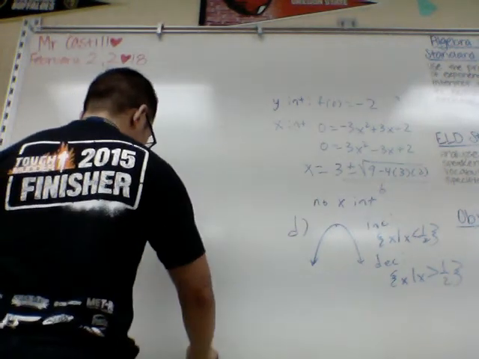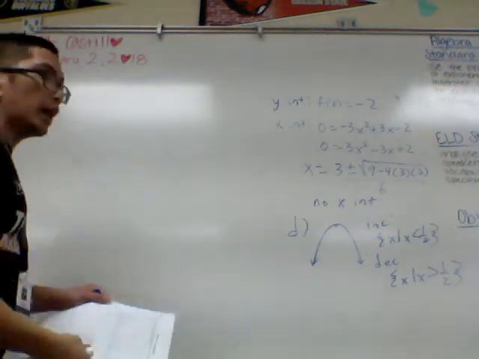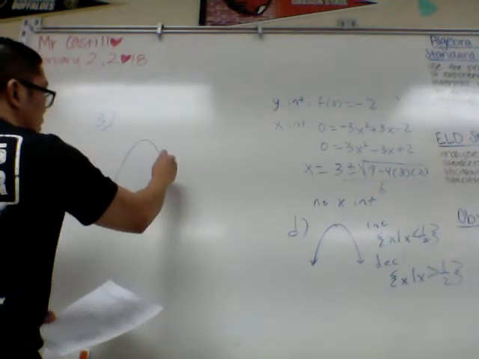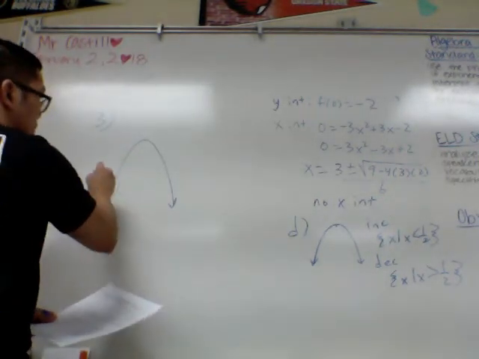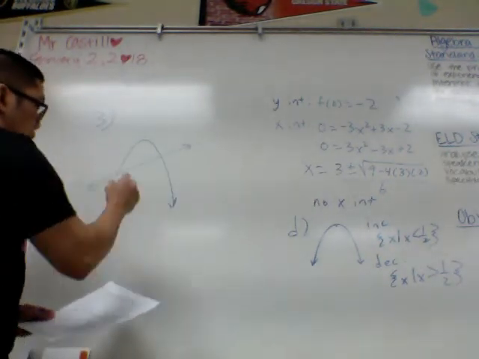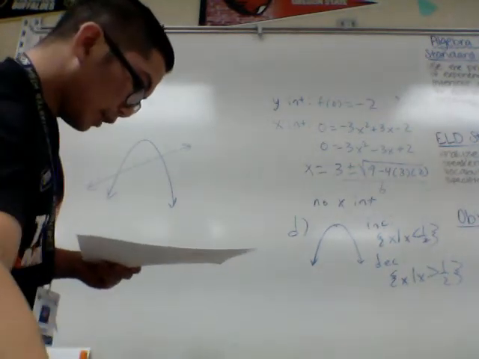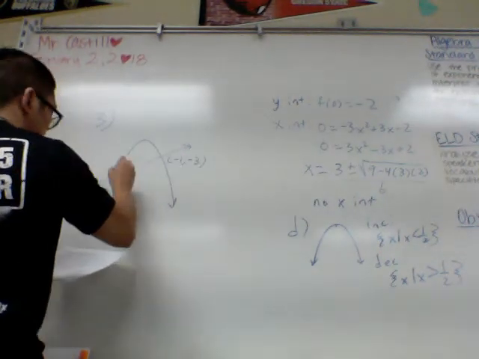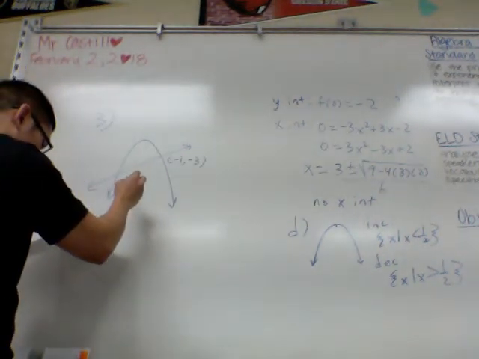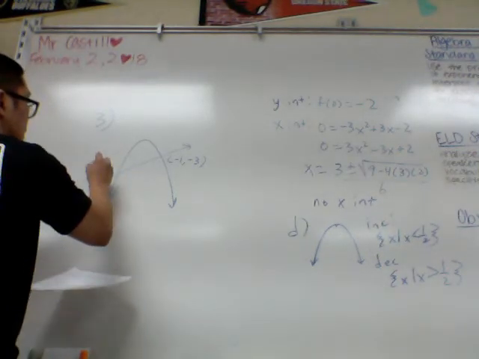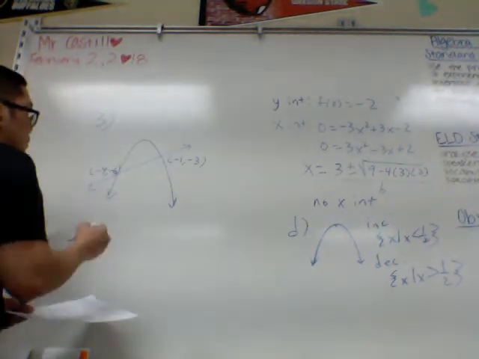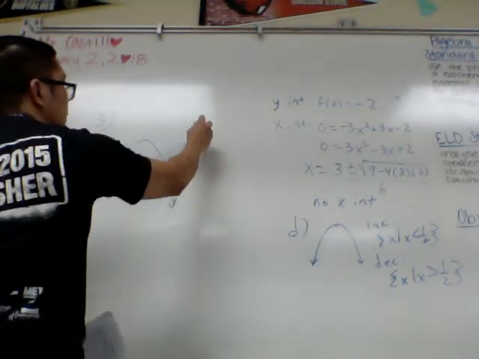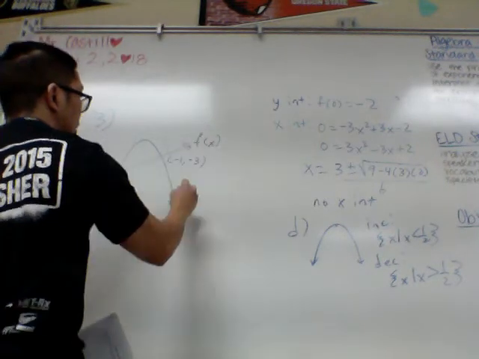So for number 3, you had the graph where, if you look at the graph, this point is (-1, -3), and this point here is (-4, -6). The linear function is f of x, and the quadratic is g of x.